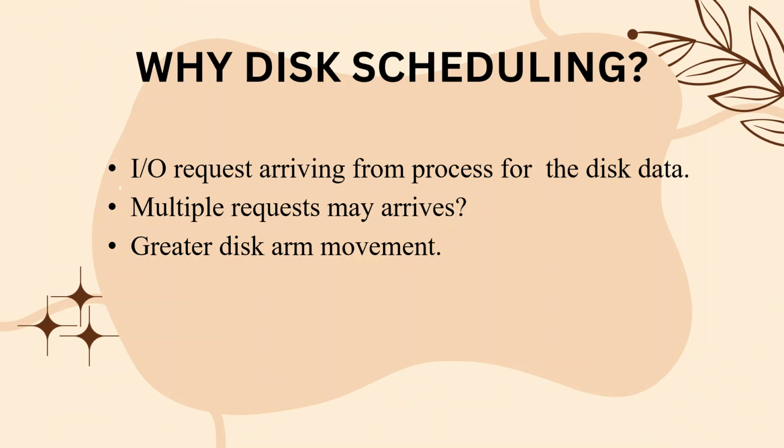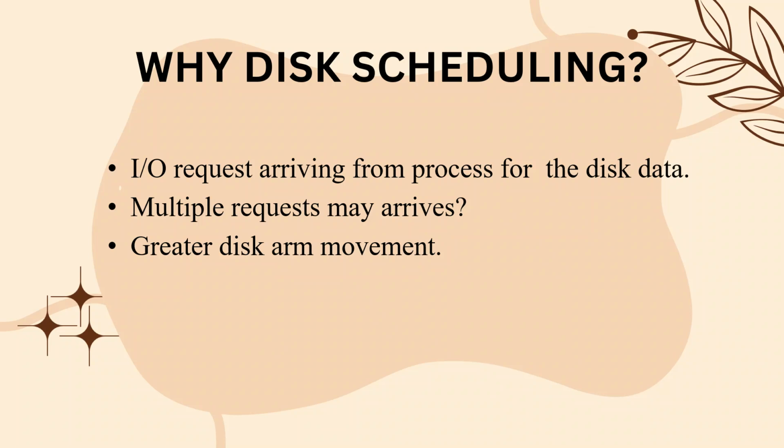If multiple IO requests arrive from different processes, only one IO request can be served at a time by the disk controller. So this is the concept. At that time, other IO requests need to wait in the waiting queue and need to be scheduled.